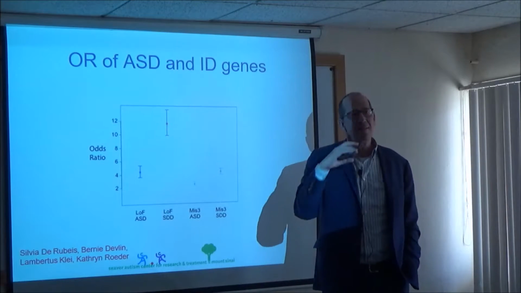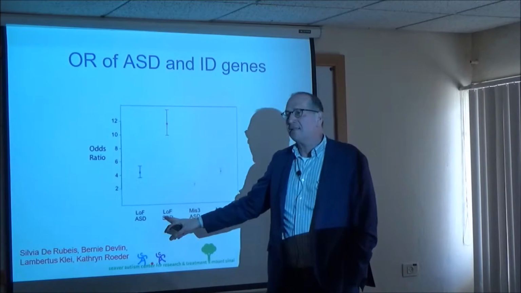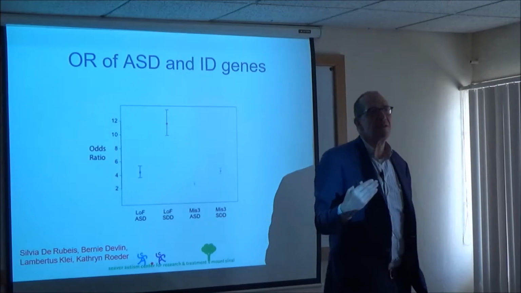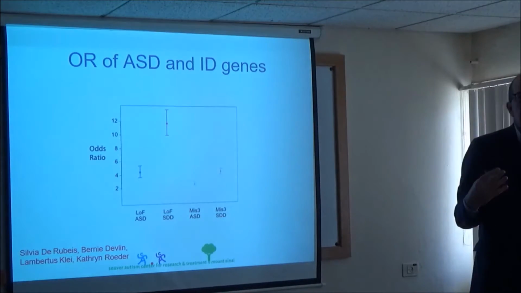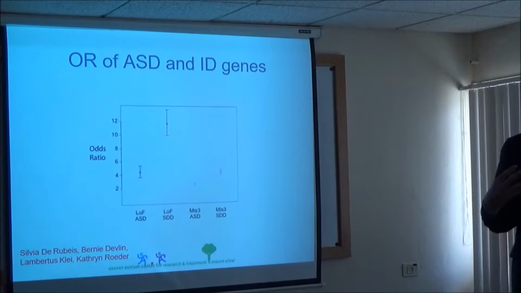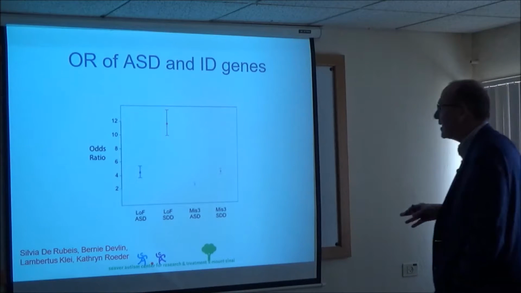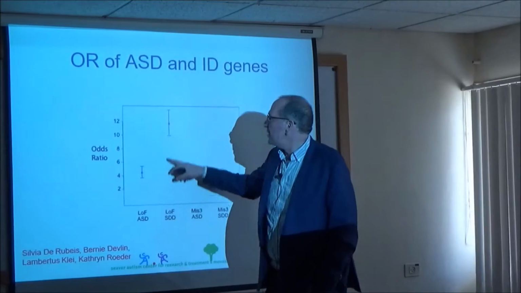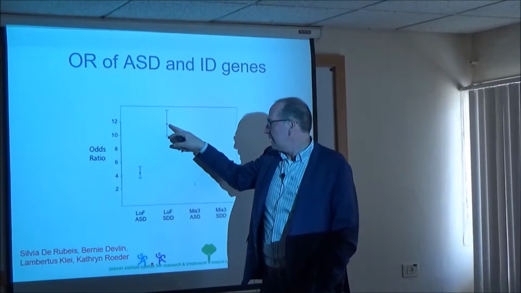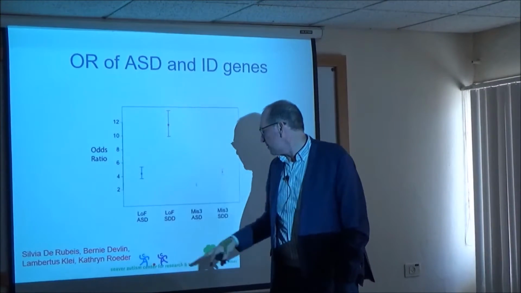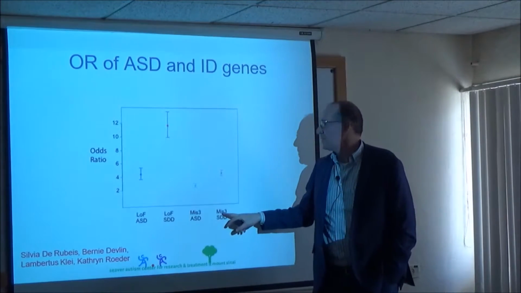These are kids, as I said, where it's not even ID; some of them got to a clinical geneticist before they even had an IQ measure because they're showing profound global developmental delays. So not surprisingly, the odds ratios of loss of function in this group of people is much greater than in autism, both for loss of function and missense mutations.